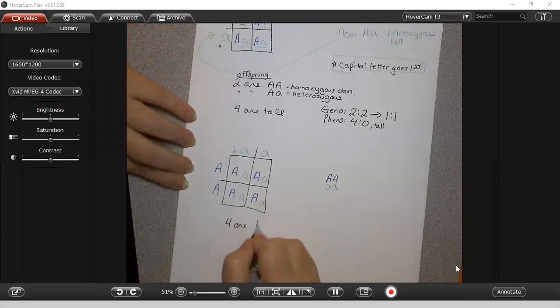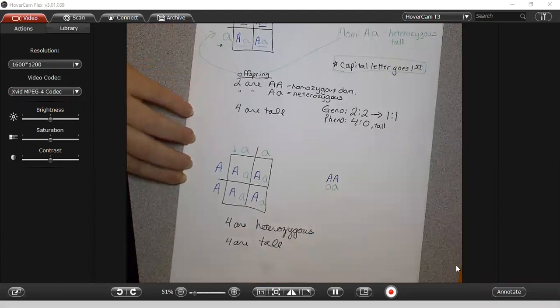So when I interpret this one, 4 are heterozygous, 4 are tall. So our ratios then are genotype, 4 to nothing.